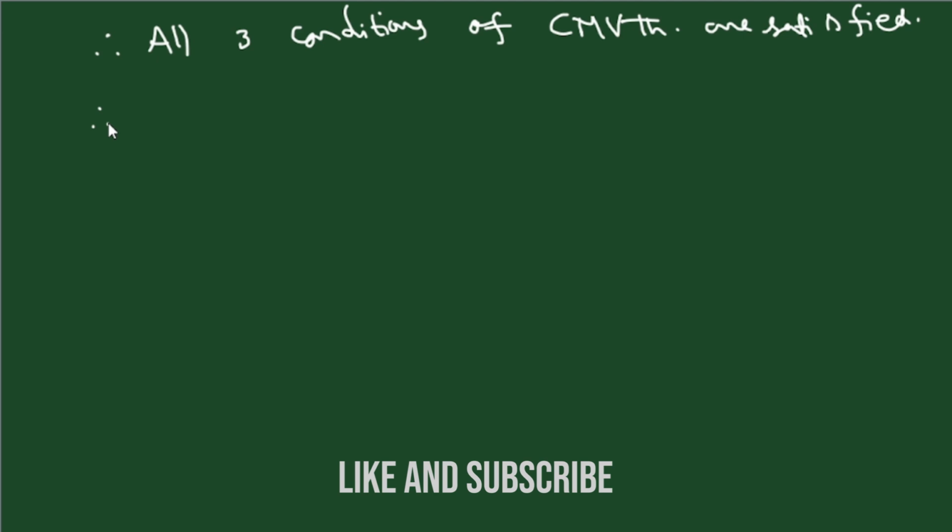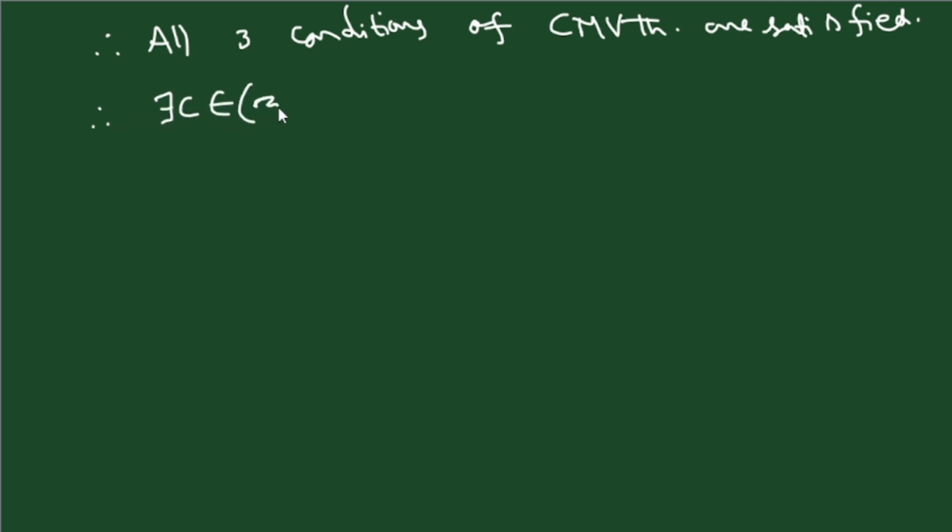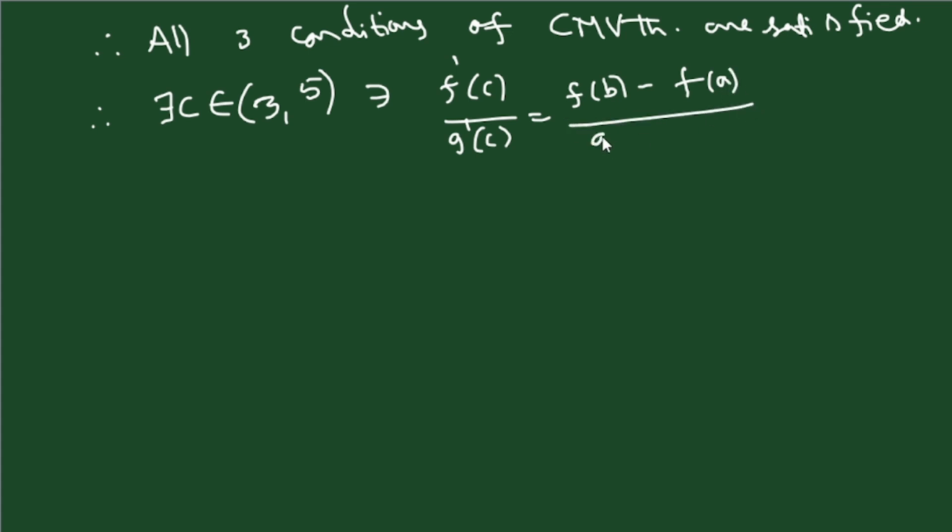So we can find such a c. There must exist a c, as Cauchy told, in between 3 and 5, such that f dash c by g dash c equal to f b minus f a by g b minus g a. This is what Cauchy theorem states, right?